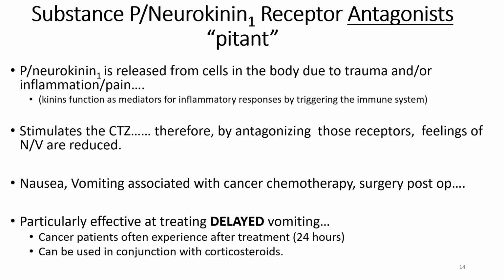So they're very useful after surgery and especially useful in cancer treatment. Now, when we talk about cancer treatment, it's particularly effective because we can antagonize that receptor site to prevent that delayed vomiting that your patients experience.